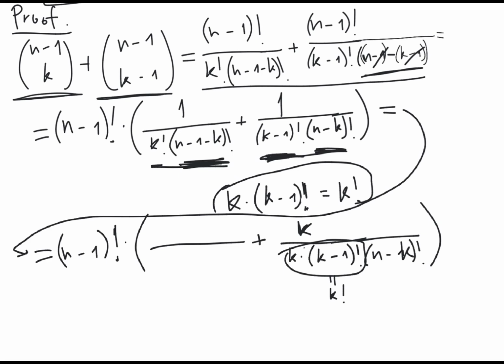So the idea is again to multiply both numerator and denominator by n minus k, and then this factor would turn into (n minus k) factorial.